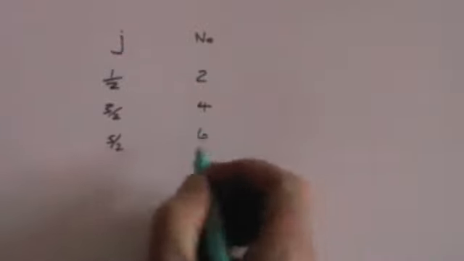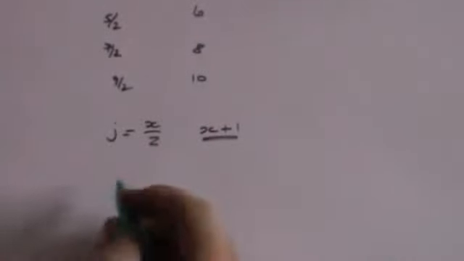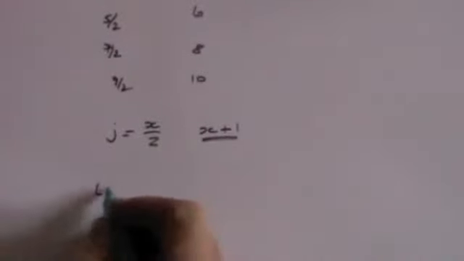If J is 3 halves, you can have 4. If J is 5 halves, you can have 6. If J is 7 halves, you can have 8. If it's 9 halves, you can have 10, and I think you're spotting the pattern. Basically, if J is equal to x over 2, then the total number of states that you're allowed to have is x plus 1.